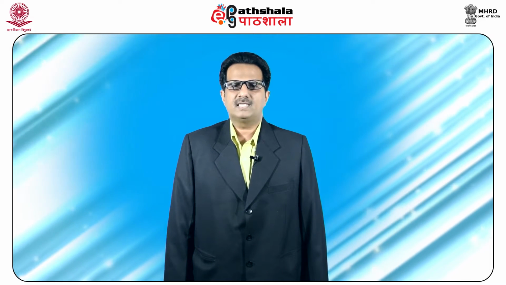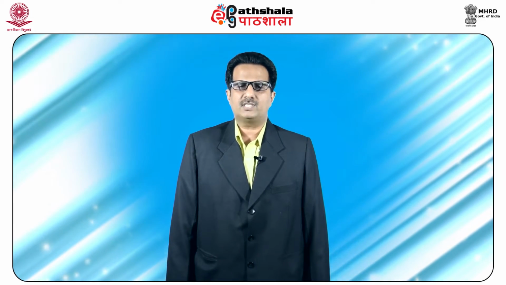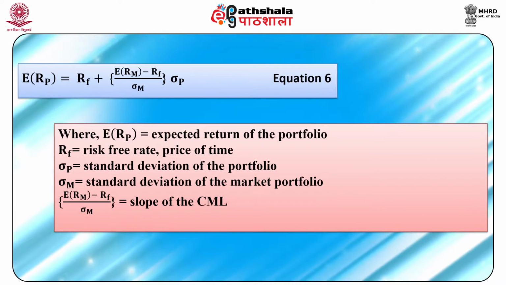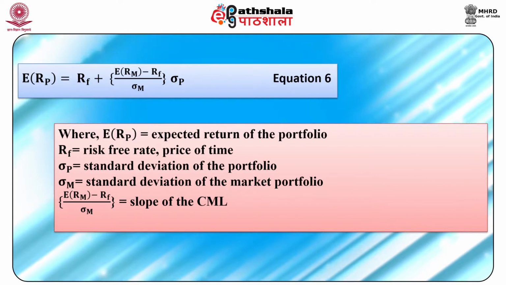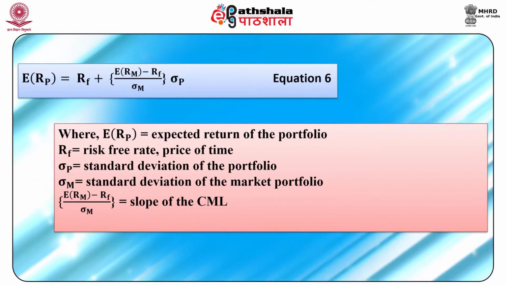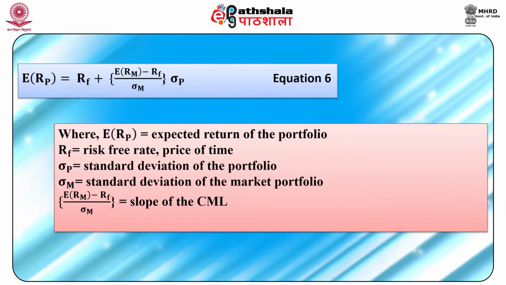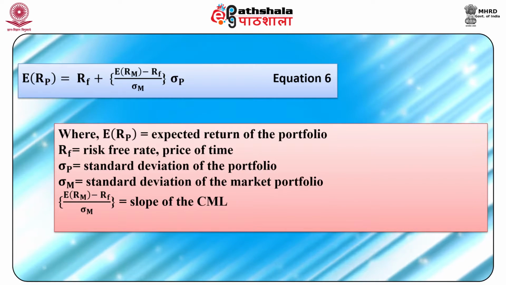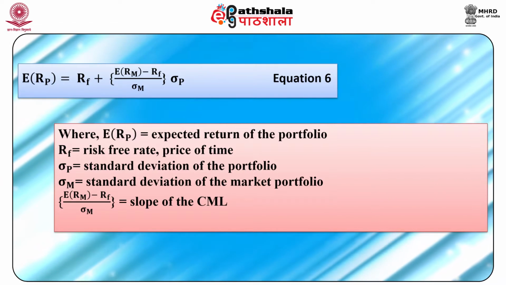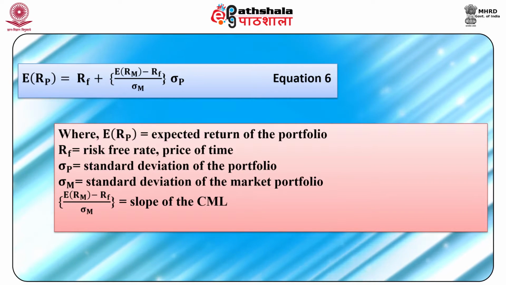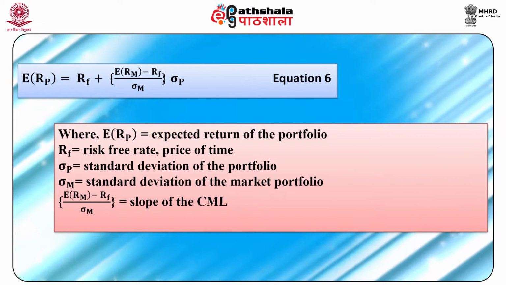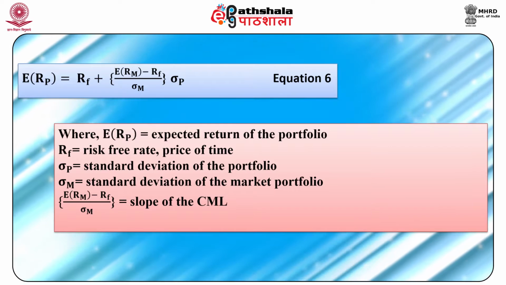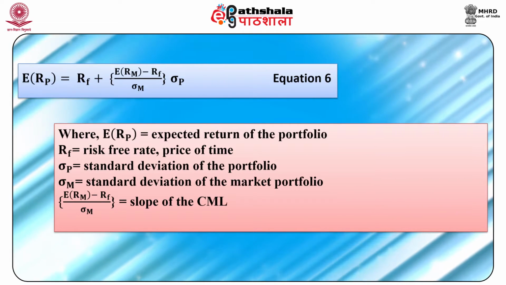This relationship is given mathematically and represented through equation 6 as E(Rp) = Rf + [(E(Rm) − Rf)/σm] σp, where E(Rp) is the expected return on the portfolio, Rf is the risk-free rate or price of time, σp is the standard deviation of the portfolio, σm is the standard deviation of the market portfolio, and the slope of the CML is explained through (E(Rm) − Rf)/σm.